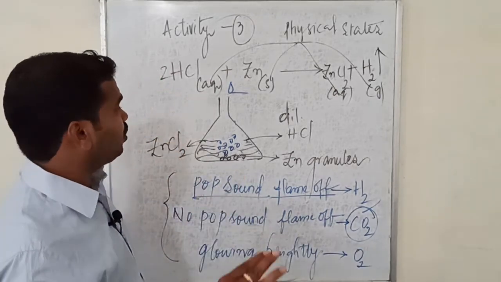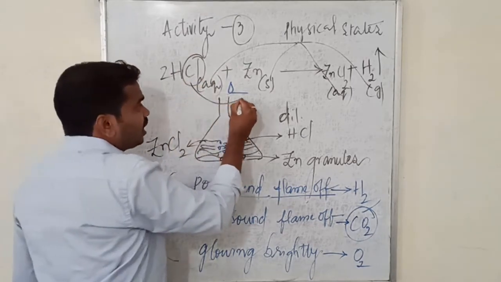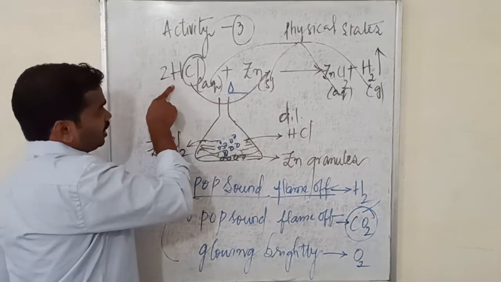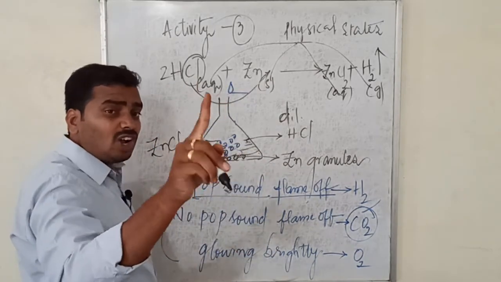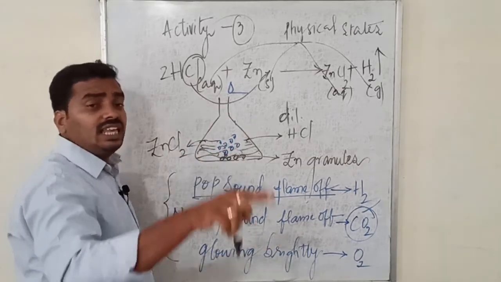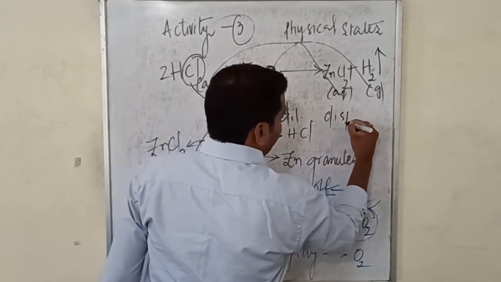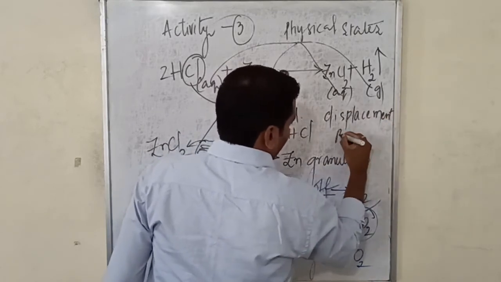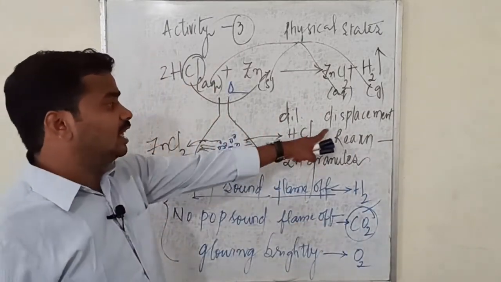Second to that, if you see here, only chlorine got displaced from here and gets attached with zinc. If you see, chlorine has moved, I mean it got detached with hydrogen and attached with zinc, so only one compound is getting displaced, then such kind of reactions are called as displacement reaction.